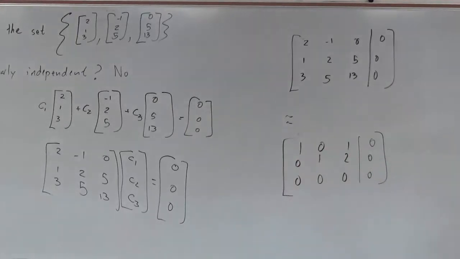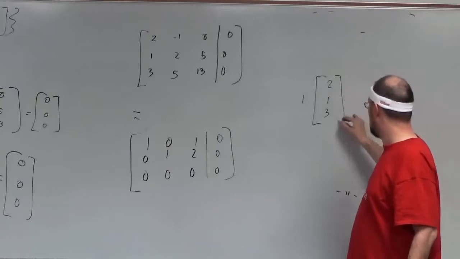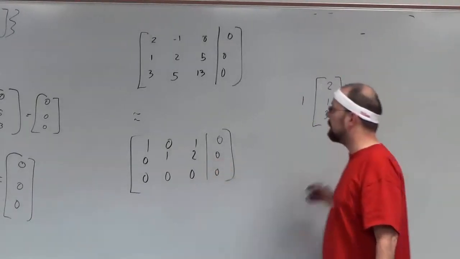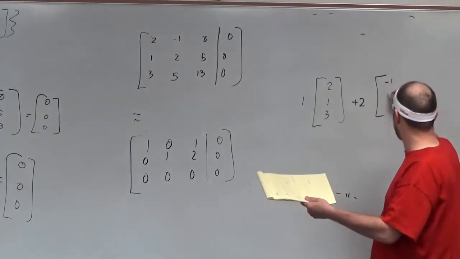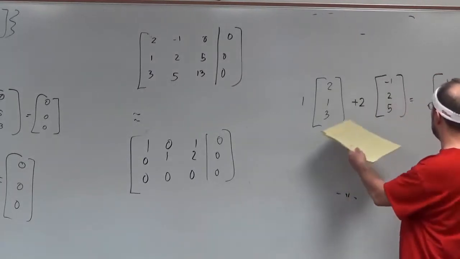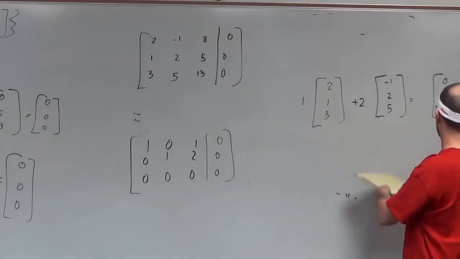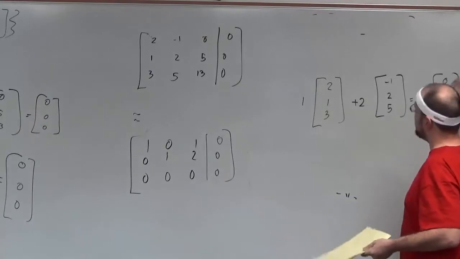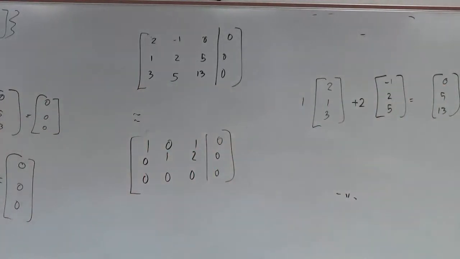So let's check. 1 times the first vector plus 2 times the second vector in the set equals, let's see, 0, 5, 3 plus 10 is 13. So indeed, I was able to explicitly show that I can write the third vector as a linear combination of those two. So, linearly dependent vectors.